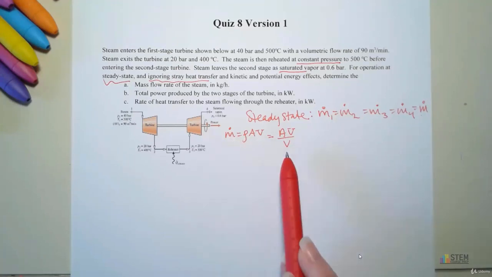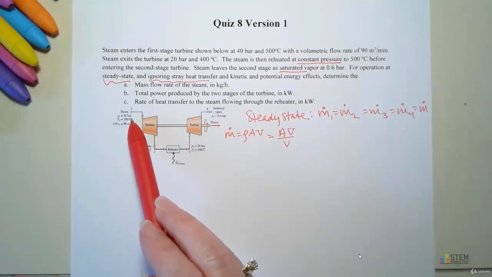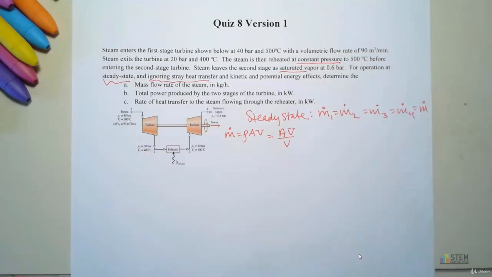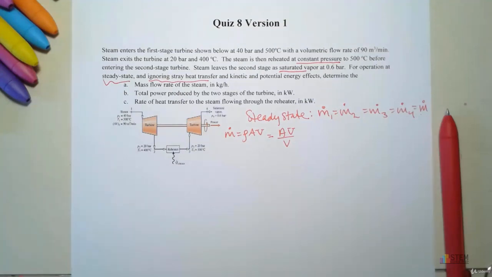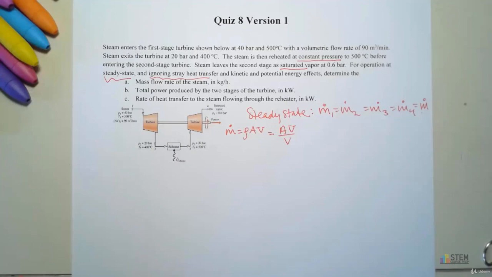So for specific volume, you go to the table. You're going to look up these conditions, your 40 bar and your 500 degrees Celsius, and then see what you got. Now it told us steam, so you can pretty much assume that's superheated vapor. You always want to double check, but in this case it is.